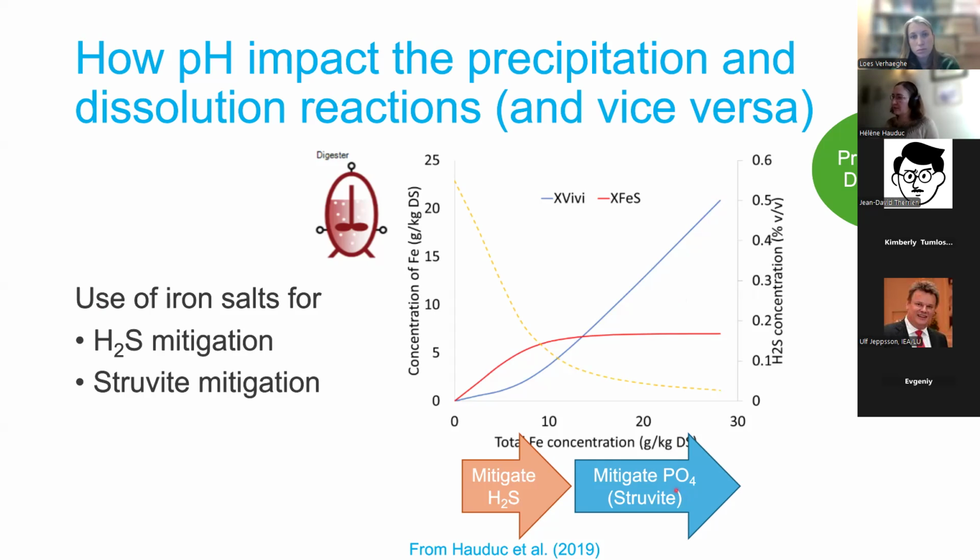And this is what we have implemented in SUMO, and that pretty well represents this competition between different precipitates that may occur at the same time, but with different concentrations of iron available.